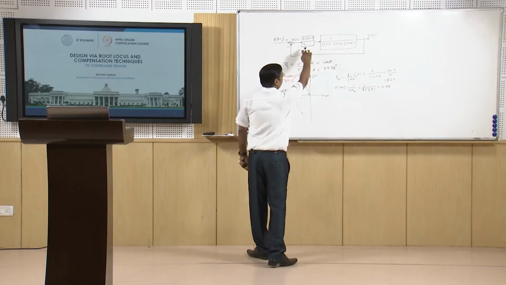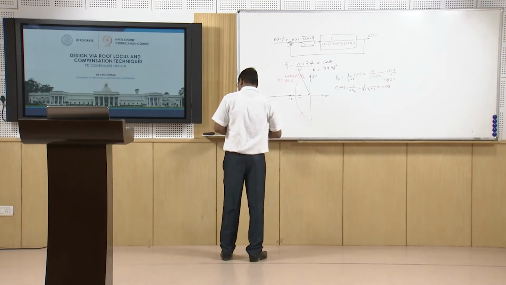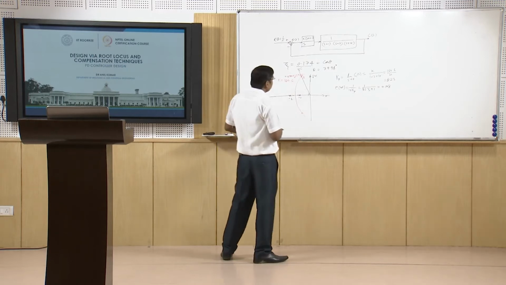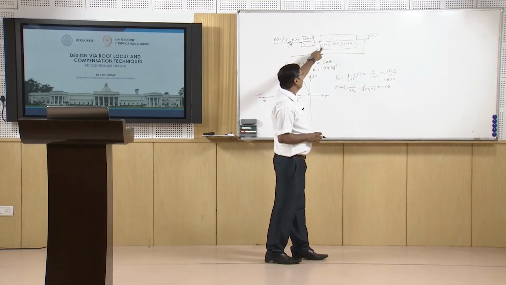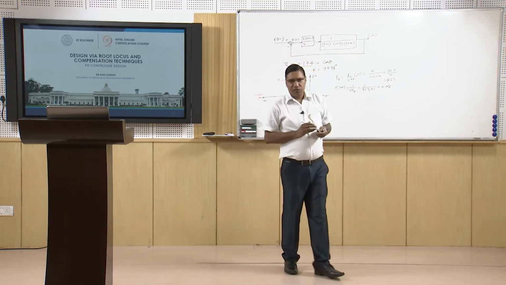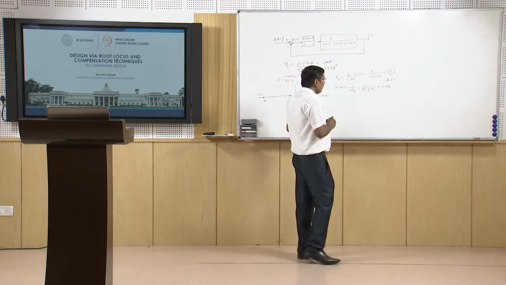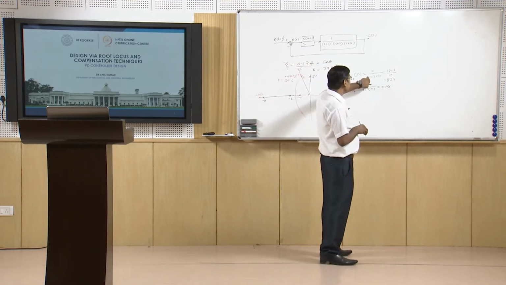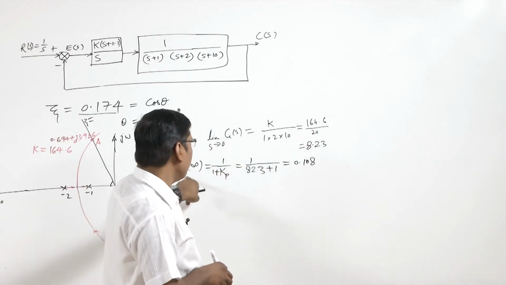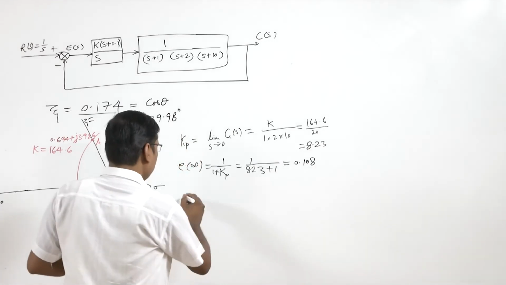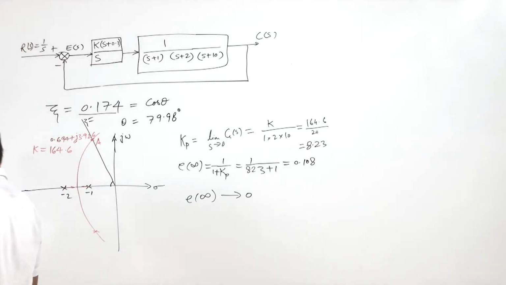Because this pole is at origin, the system type is increased, since the complete transfer function will have one pole at origin. So Kp becomes infinite, and that will keep the steady state error tending to 0.